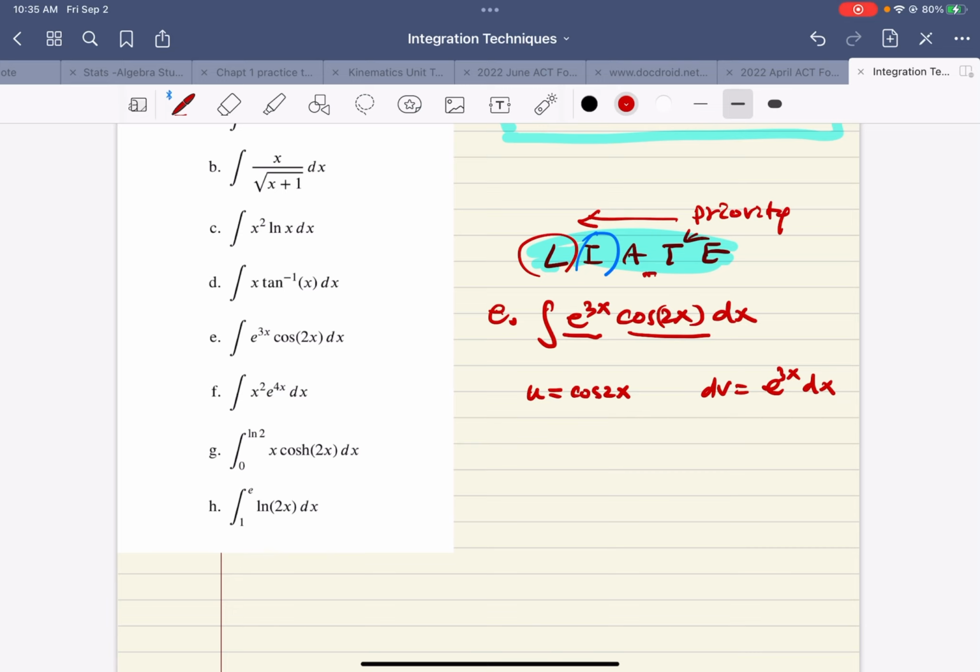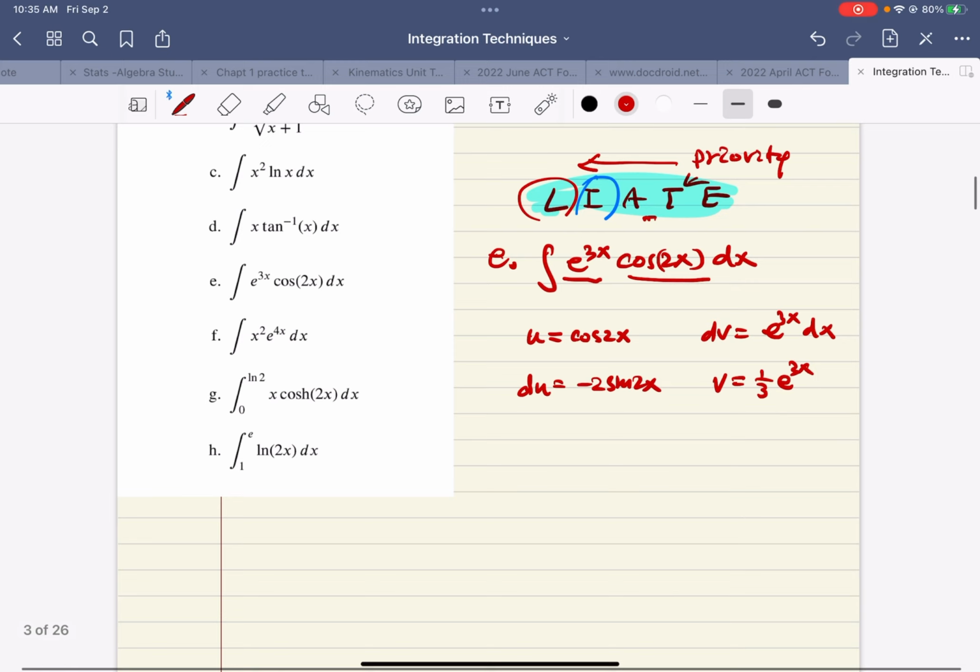So when you take a derivative, du is negative sine 2x times 2, so negative 2 sine 2x. V, when you take the integral of that, is 1/3 e to the 3x. So uv is 1/3 e to the 3x cosine 2x minus integral v du.